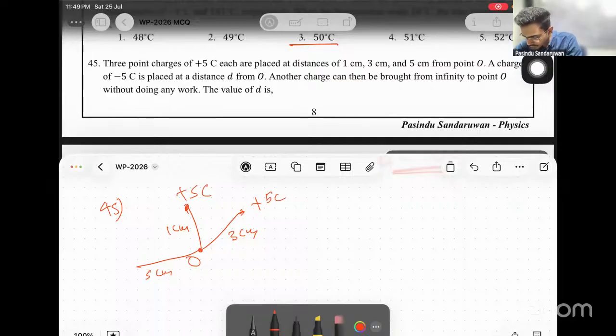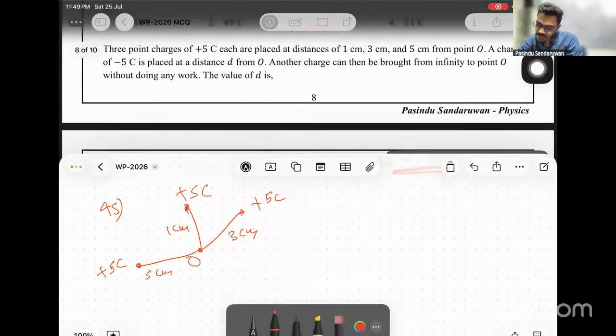A charge of -5 is placed at a distance d from O. Another charge can be brought from infinity to point O without doing any work. That's a good hint.